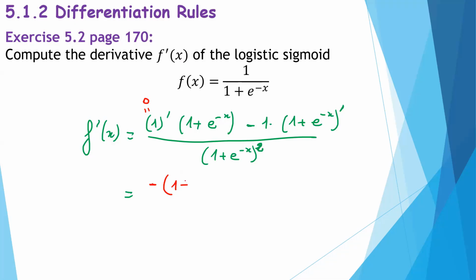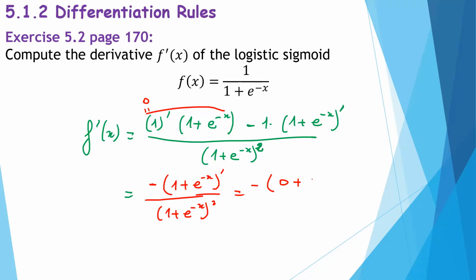So this is 0, this is 1 times... So now we need to differentiate this function. What is the derivative of 1 plus e to the minus x? The derivative of 1, which is 0, plus what is the derivative of e to the minus x?